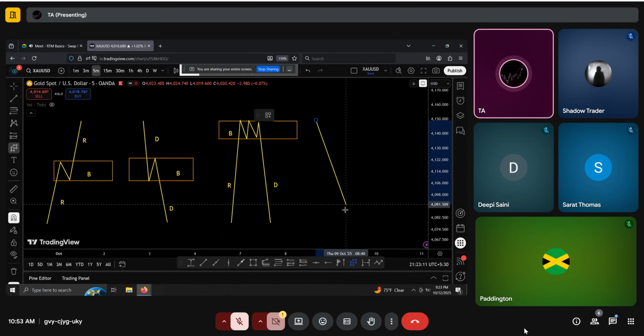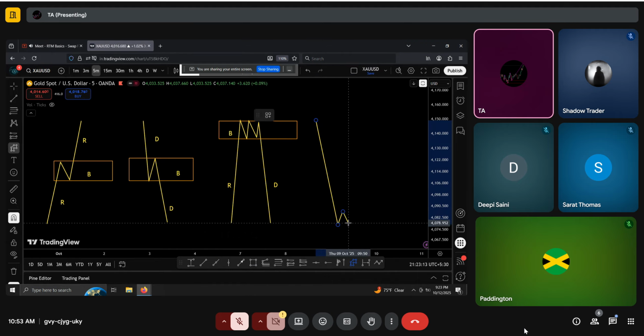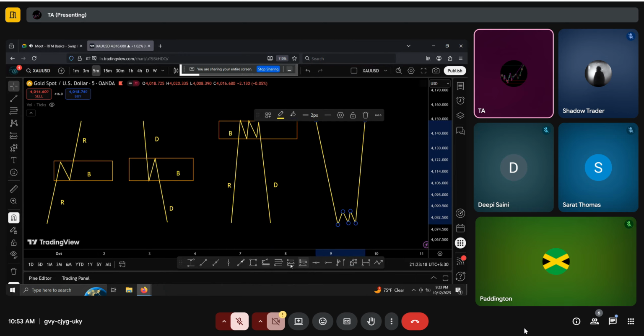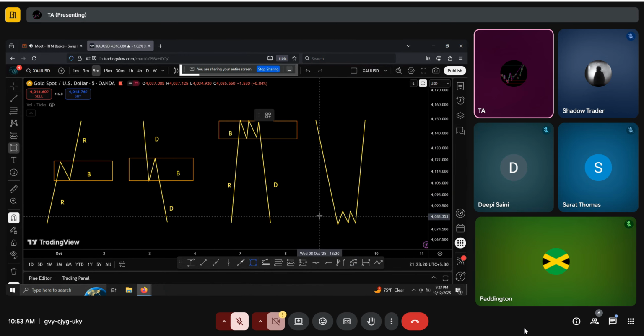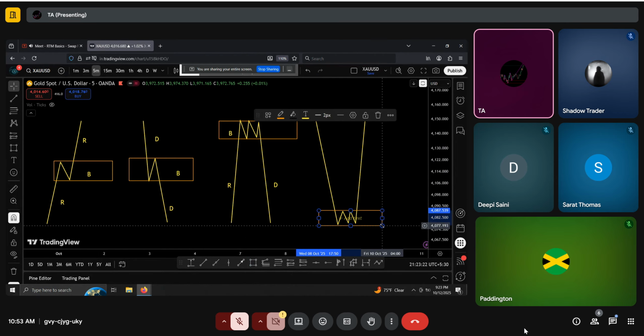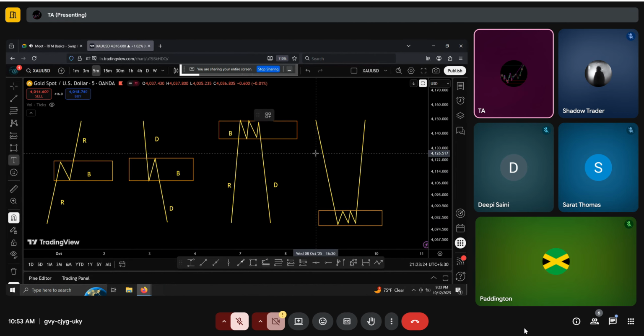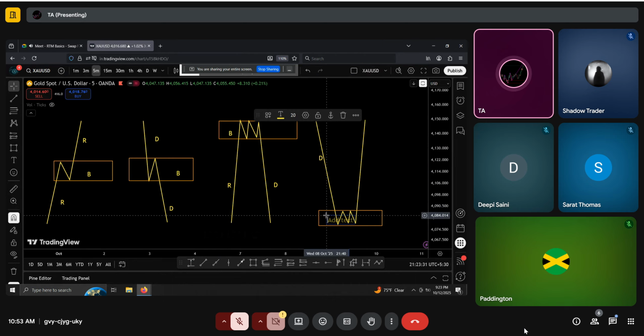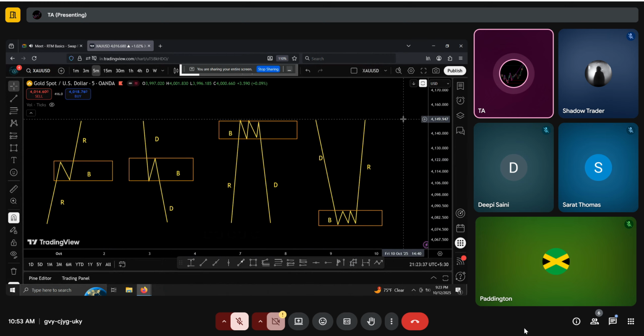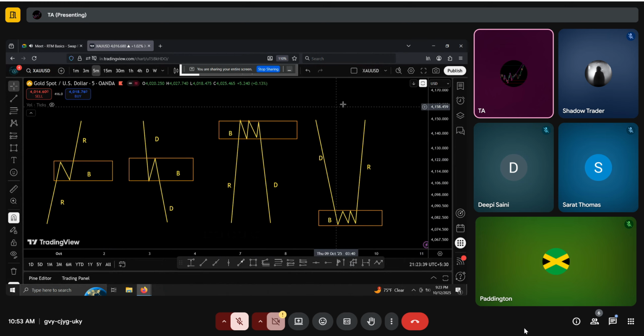And the next one, drop base rally. Drop, this is base, and this is rally. Okay, clear?